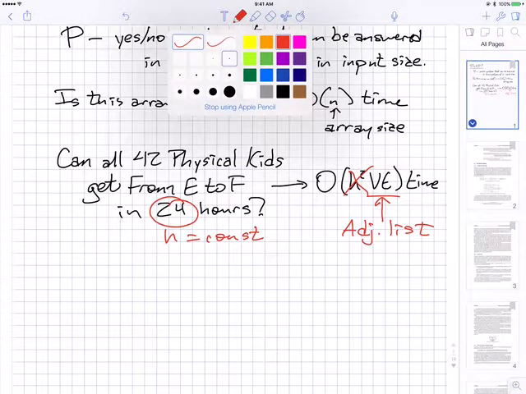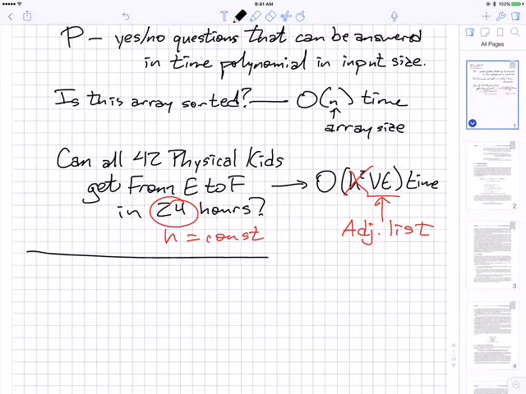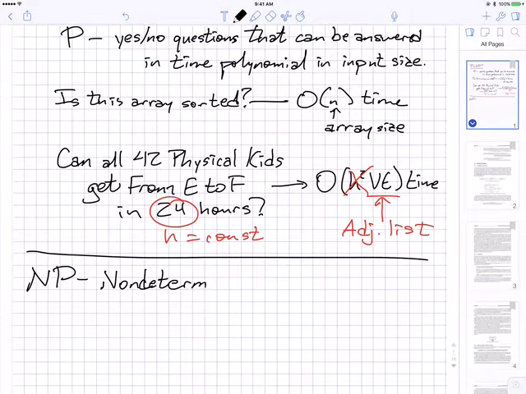The other half of this equation that we need to understand is NP. This stands for non-deterministic polynomial time. It does not stand for not polynomial. It's non-deterministic polynomial time.